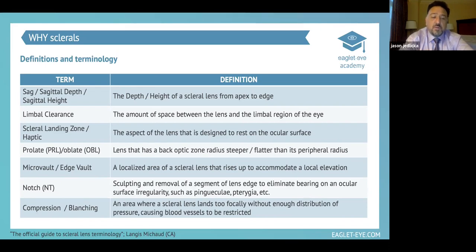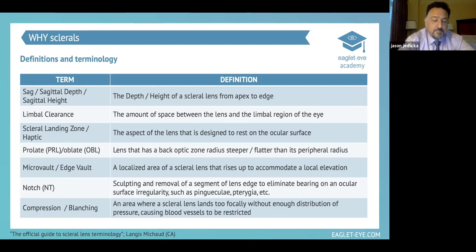We can also talk about a notch, which is an area of the lens which has been removed by careful sculpting of the edge of that lens to allow for an area to move around an obstacle. So instead of vaulting up over it, a notch will move around an obstacle. And this again avoids undue pressure on one spot that can cause irritation.